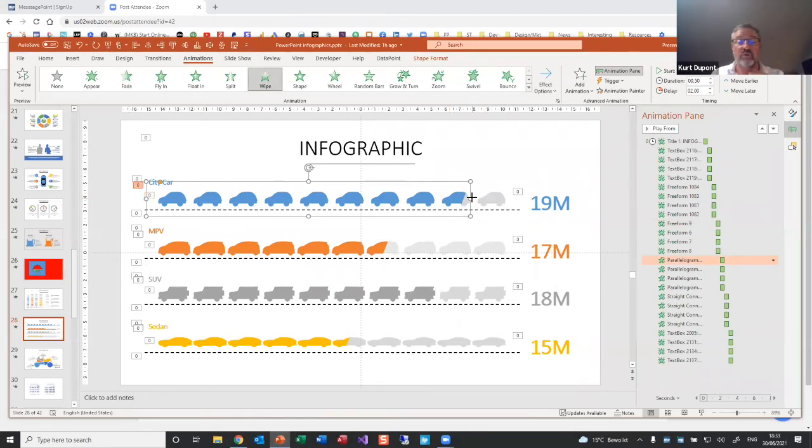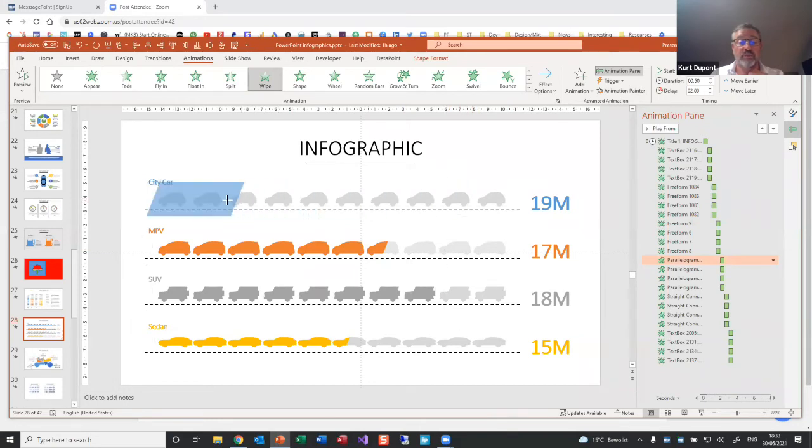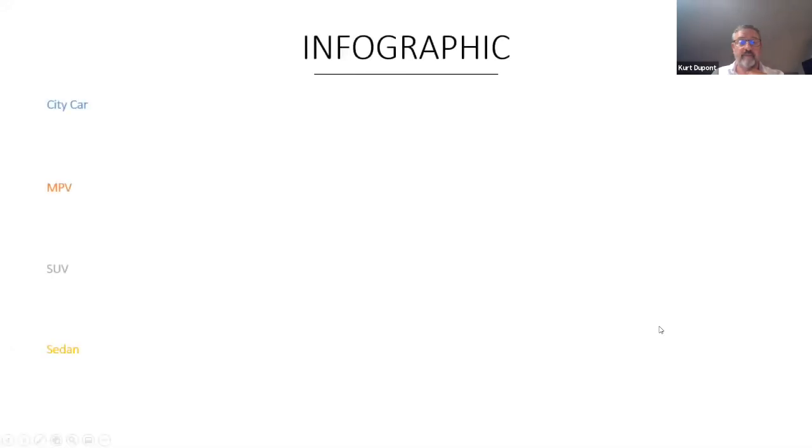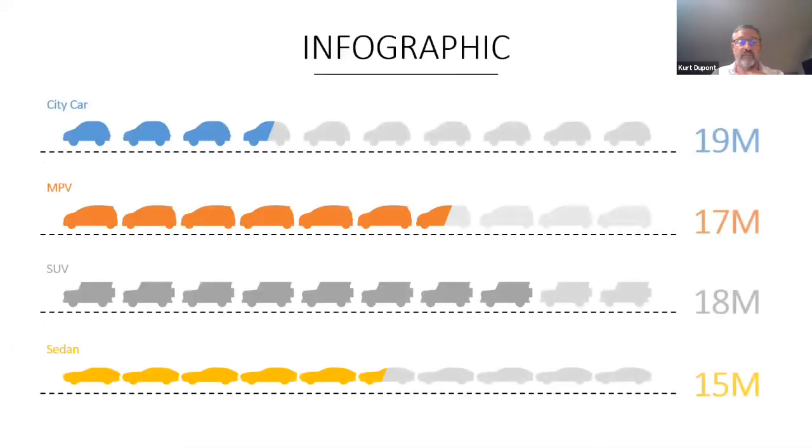Then you have another shape here where you are doing the sizing. Based on the sizing, it is showing 3.5 cars as blue for this category. So this is how you can do this again on infographics. There it is again, and we move to the next slide.